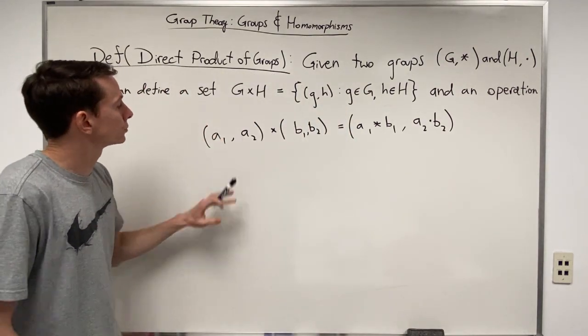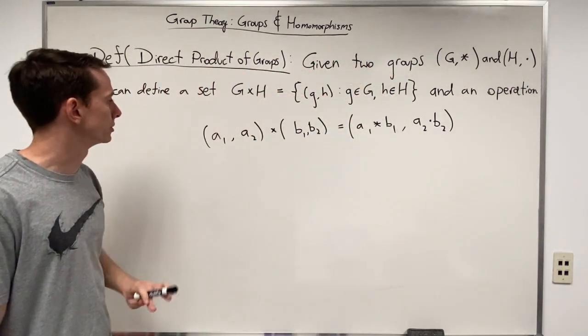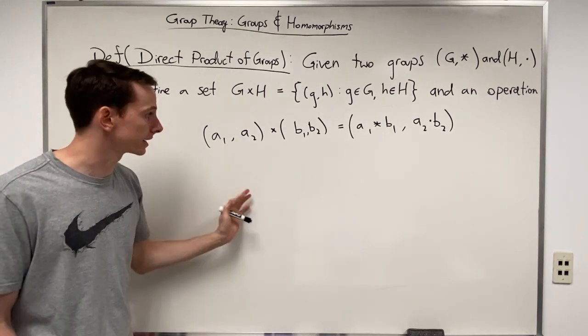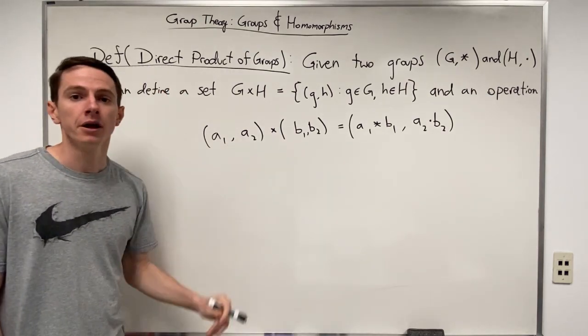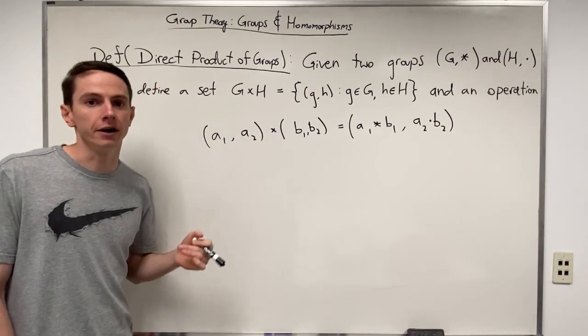So if we have two ordered pairs from this set, G cross H, and the first ordered pair is A1 comma A2, and the second is B1 comma B2, then we can define this operation kind of how we'd imagine it would be defined.